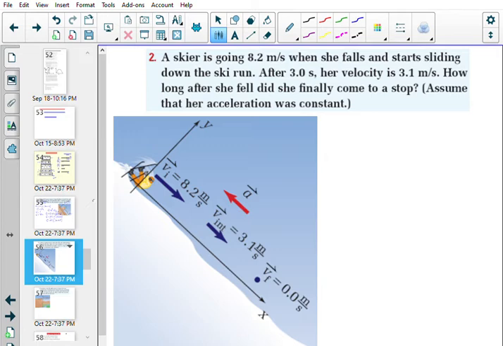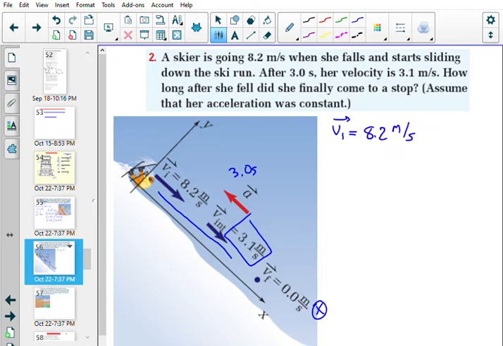So she's sliding here backwards down the ski run, and after a time of 3 seconds, her speed is 3.1 meters per second. So that's like part 1 of the question that I'm going to work out. My initial speed downhill will be positive. My initial velocity downhill is 8.2 meters per second.